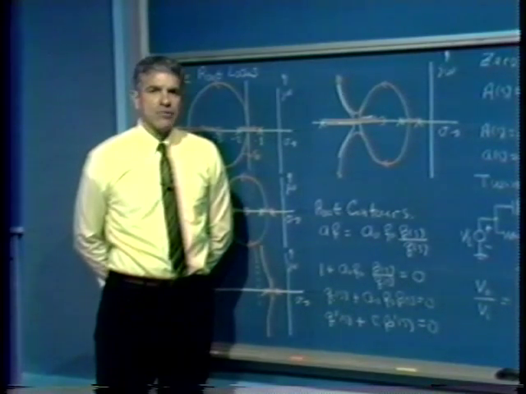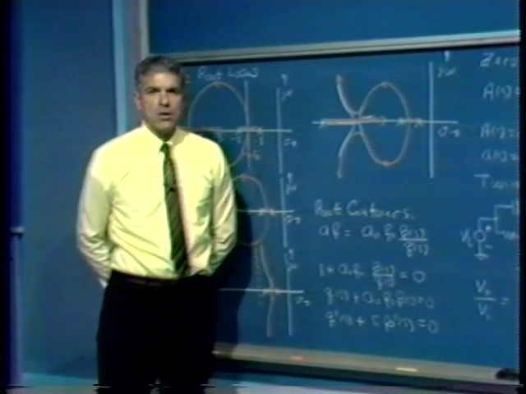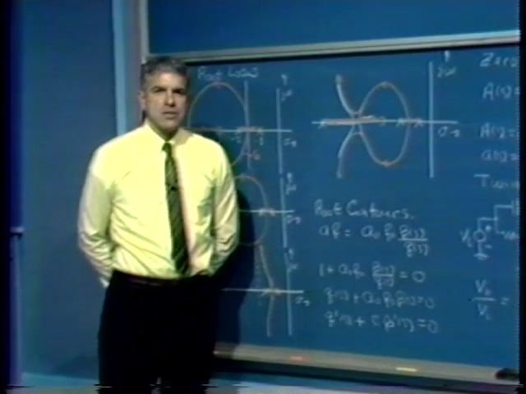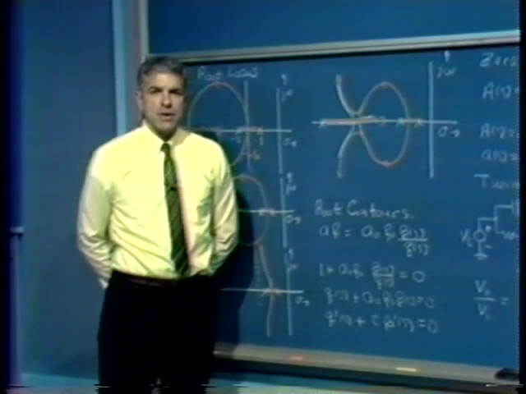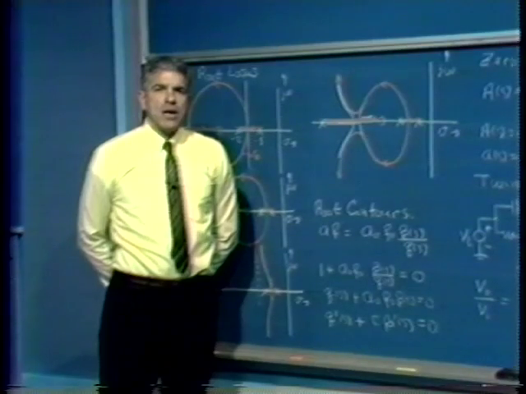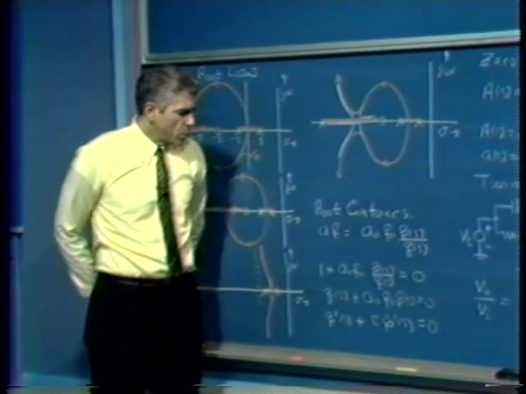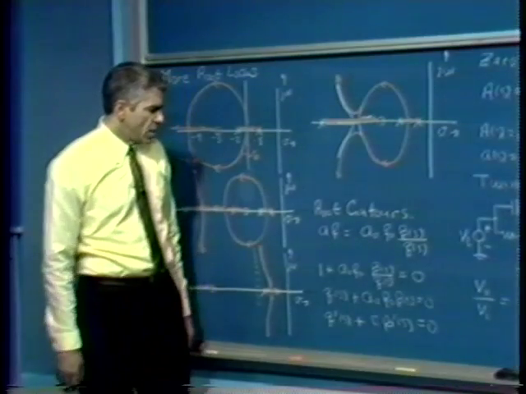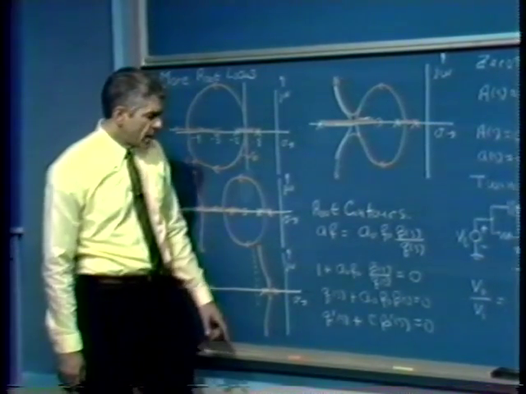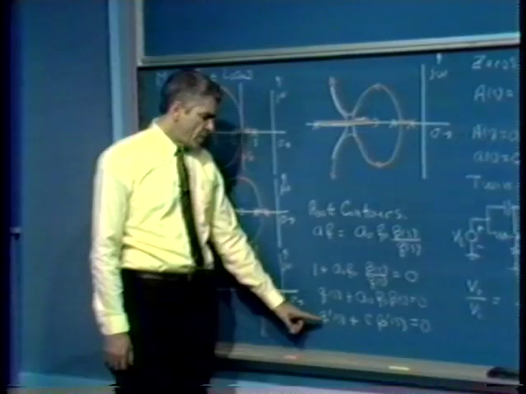We might have a location of a zero or a location of a pole or the inertia associated with a rotating member in a servo mechanism. But in any case, suppose there's a single parameter. If that quantity enters into the system equations in a linear way, then in fact we can write a resulting system equation or resulting characteristic equation in the following way.